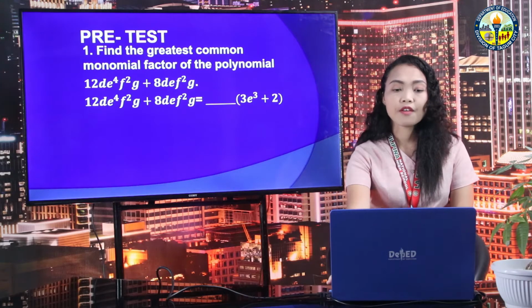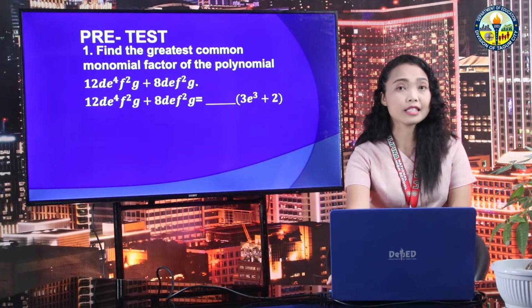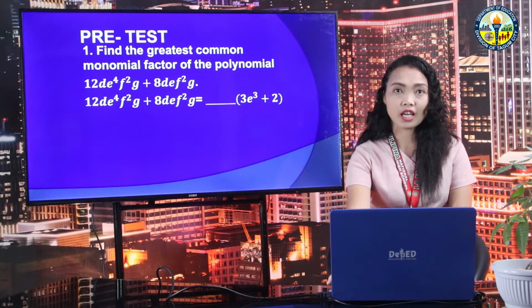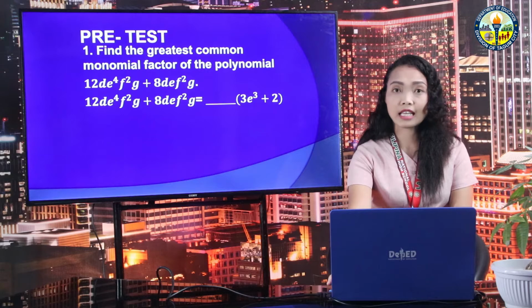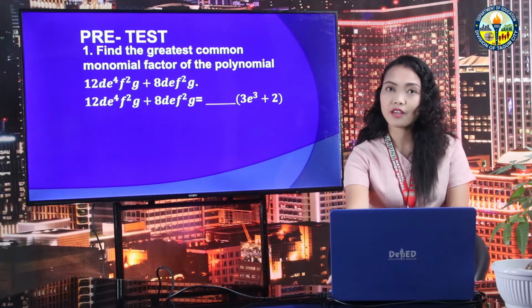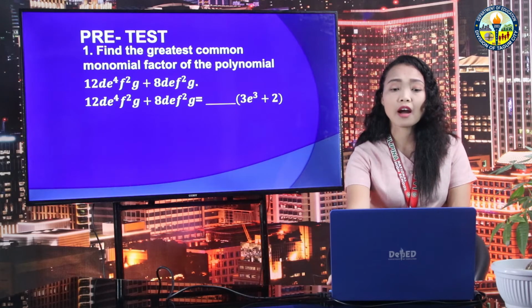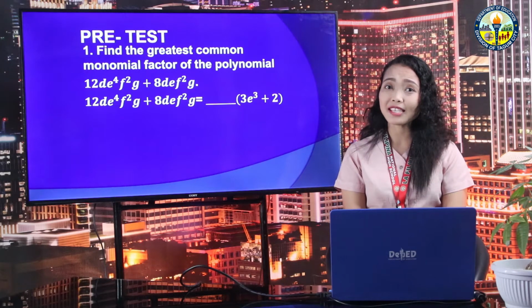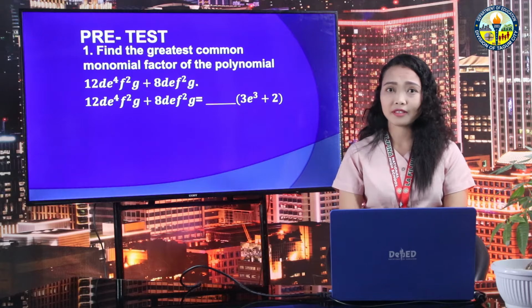I repeat, find the greatest common monomial factor of the polynomial 12de to the 4th power f squared g plus 8def squared g. As you have noticed, the other factor is already given. So I just want you to find the GCF of the polynomial. So what's the GCF of the polynomial?